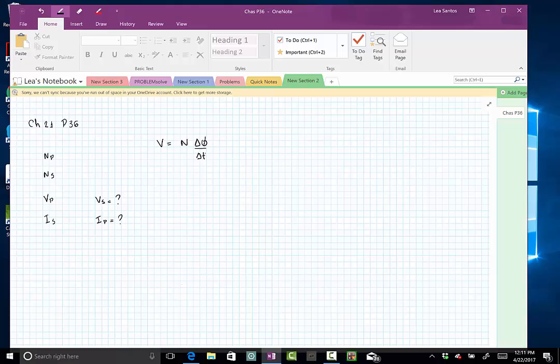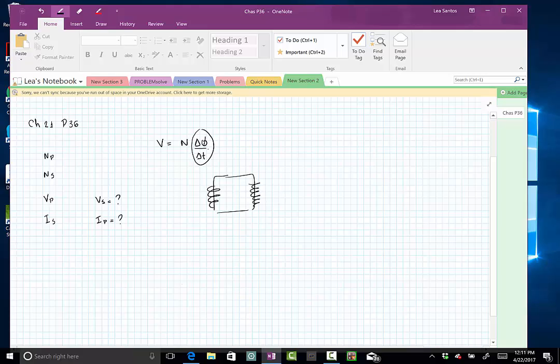One, which we call the primary side with the primary coil, and on the other side we have the secondary coil. And we say that the changing flux that both sides of the transformer feel is pretty much the same. Okay, so here is my primary coil, and this is my secondary coil.